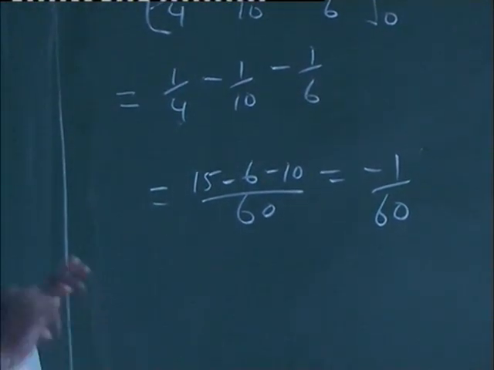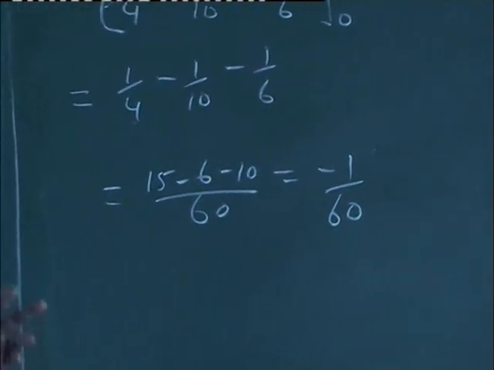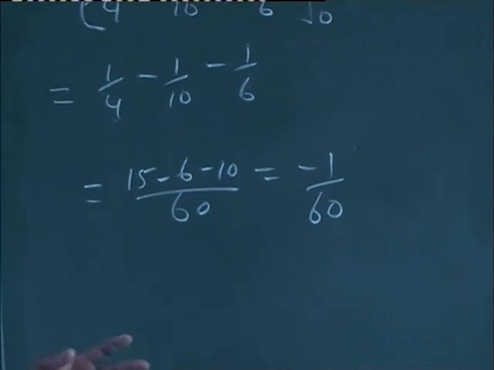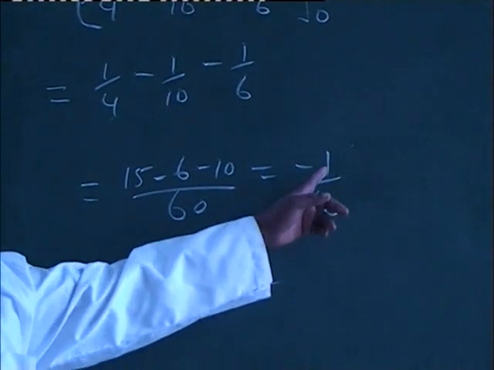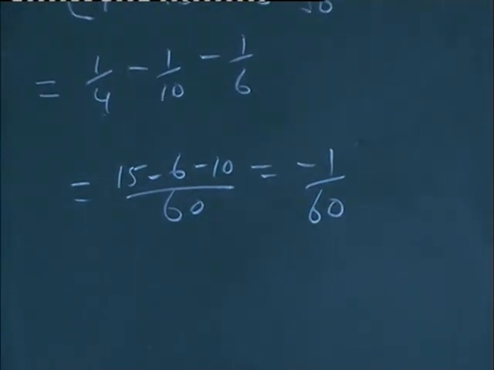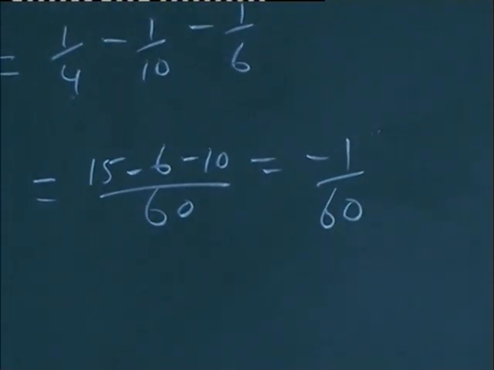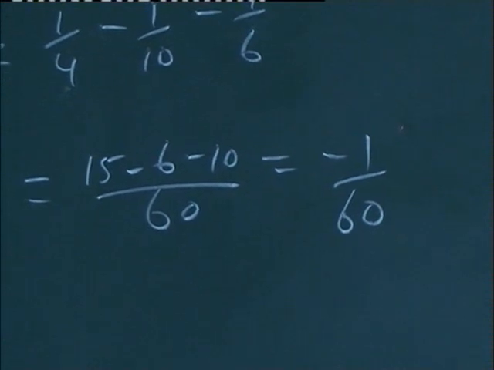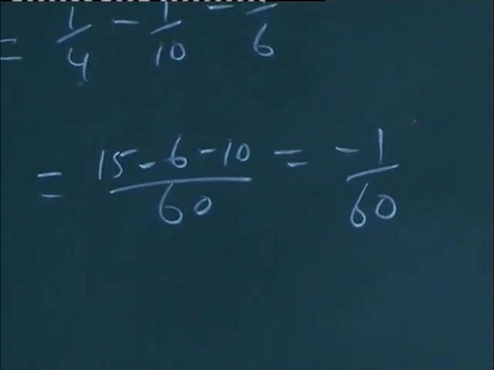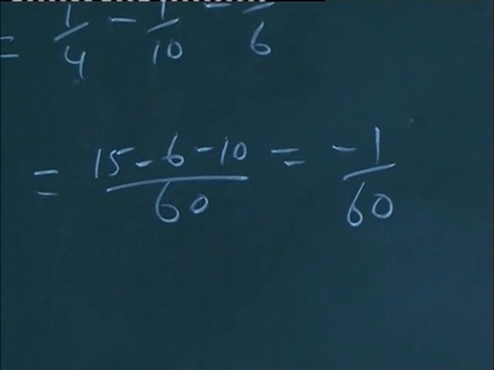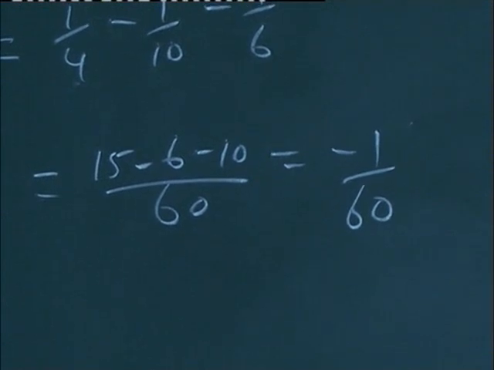So that is the region R. That is the region that R occupies. It is minus 1 over 60. If it is in meters, you say meter square. That is the area of that place that R occupies.